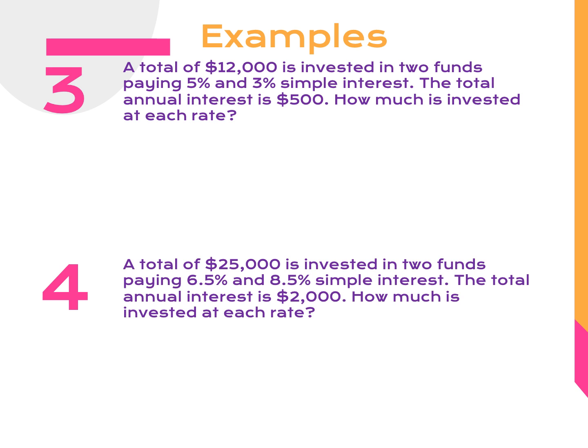So what I'm going to do first is define what my x equals and what my y equals. I'm going to define my variables. I'm going to let x equal the amount of money that I'm going to invest in the 5% fund.